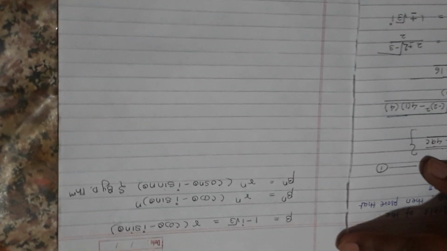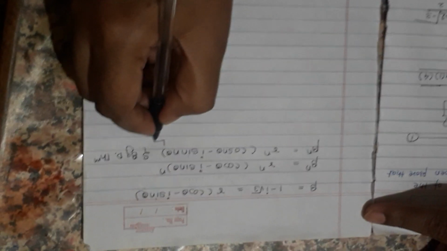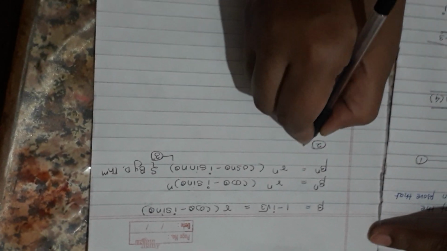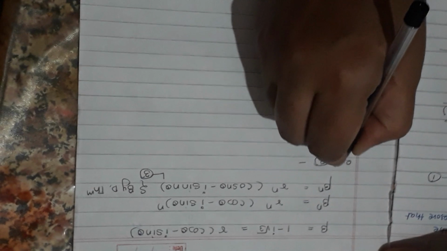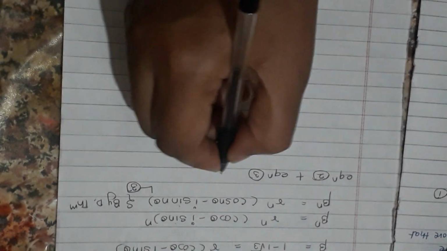Now in this way we get the two values of alpha raised to n and beta raised to n. Suppose we give them equation numbers, that is equation number 2, and that is equation number 3. And now we add equation 2 and equation 3. So what does that imply?